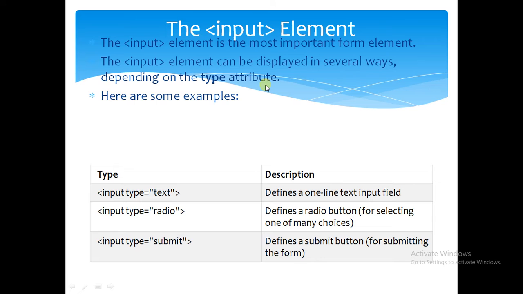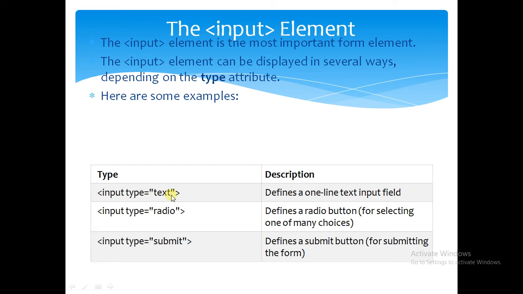Next, the input element. The input element is the most important form element. The input element can be displayed in several ways depending upon the type attribute. So let's define some examples to understand what the input element is.